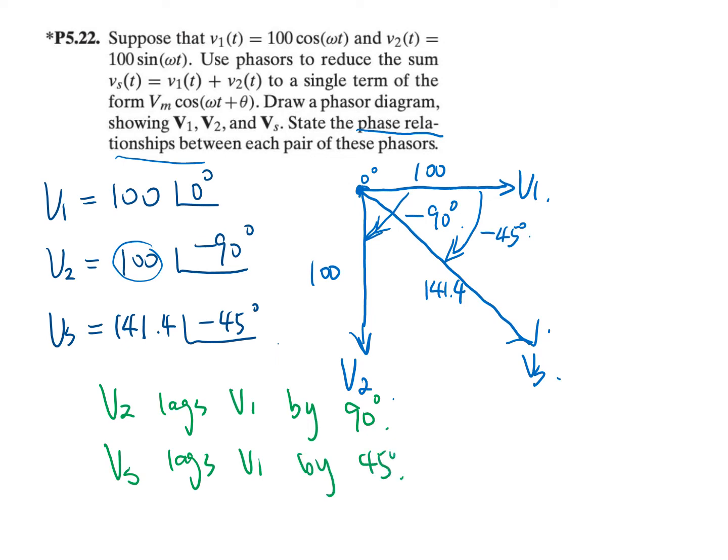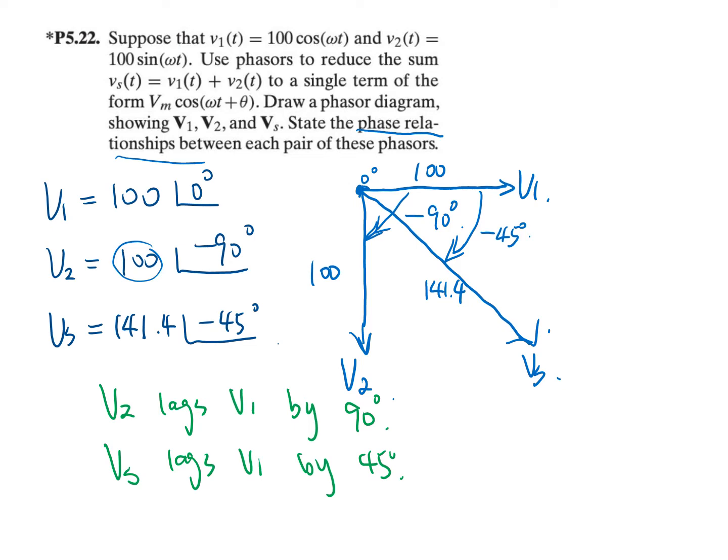Finally, let's observe the relationship between Vs and V2. Here we can see that V2 has an angle with Vs of negative 45 degrees. So V2 lags Vs by 45 degrees. But we can describe this in the other way.